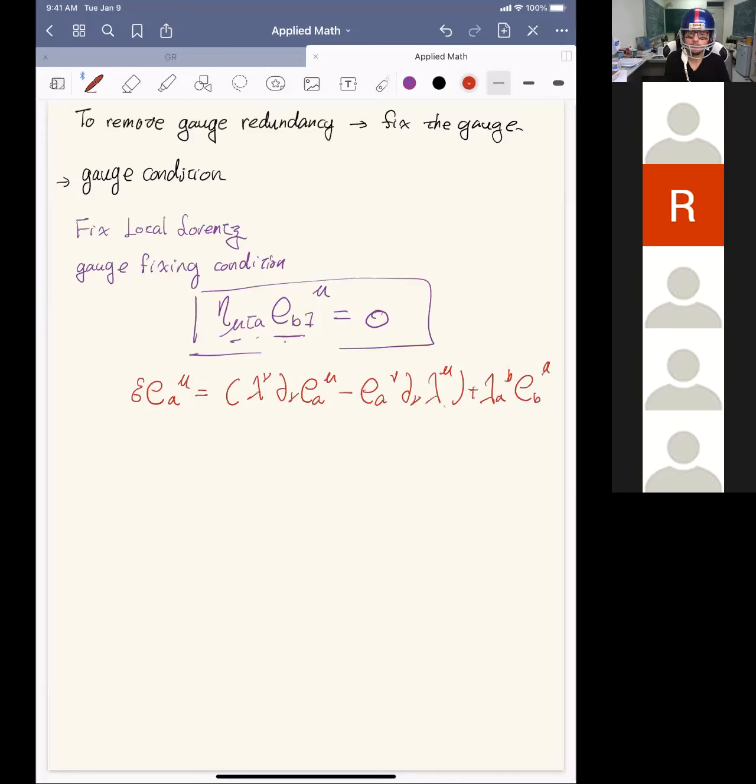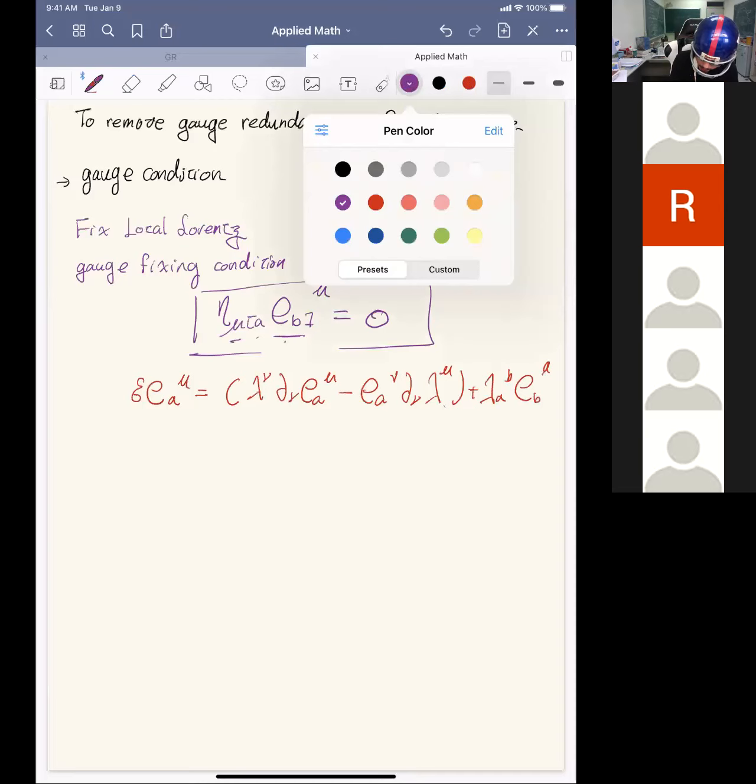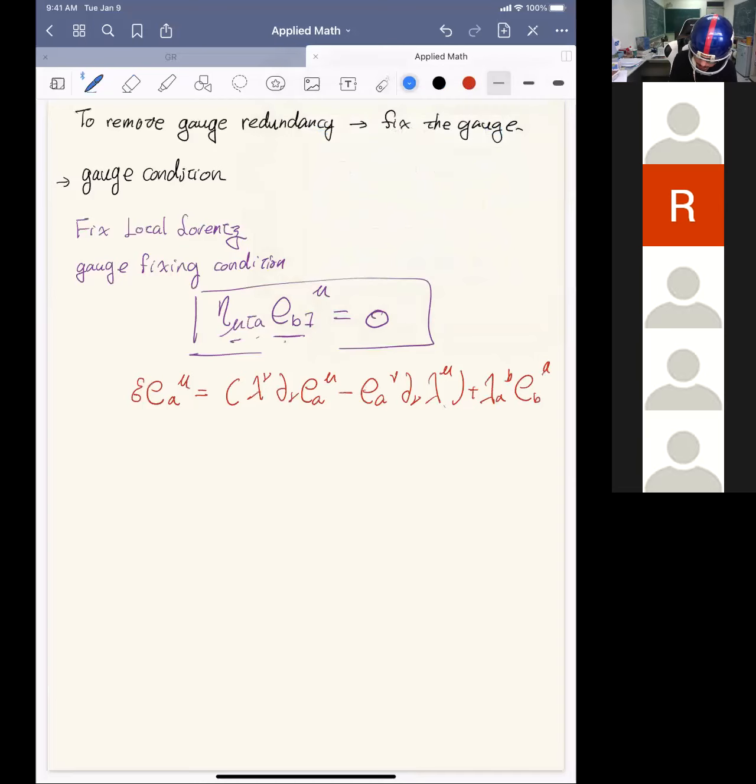Okay, so now, once again, before moving on, and I already discussed this last time, but let me just say it again. You see that under the lambda mu's, these are coordinate transformations.